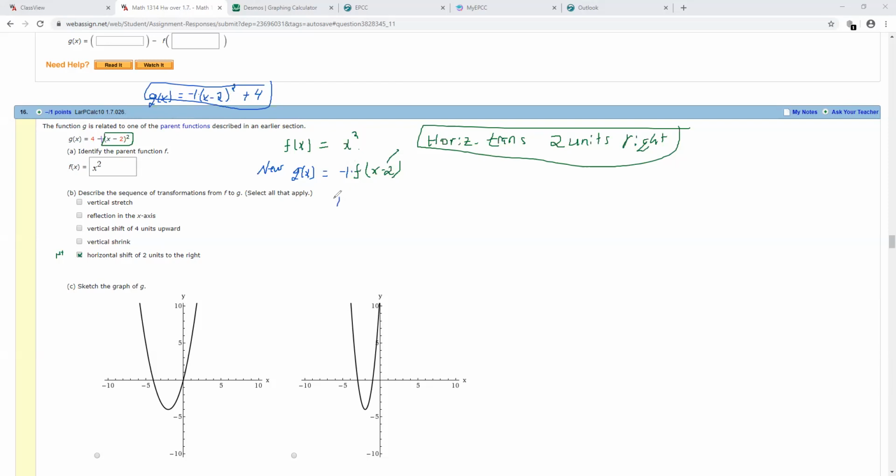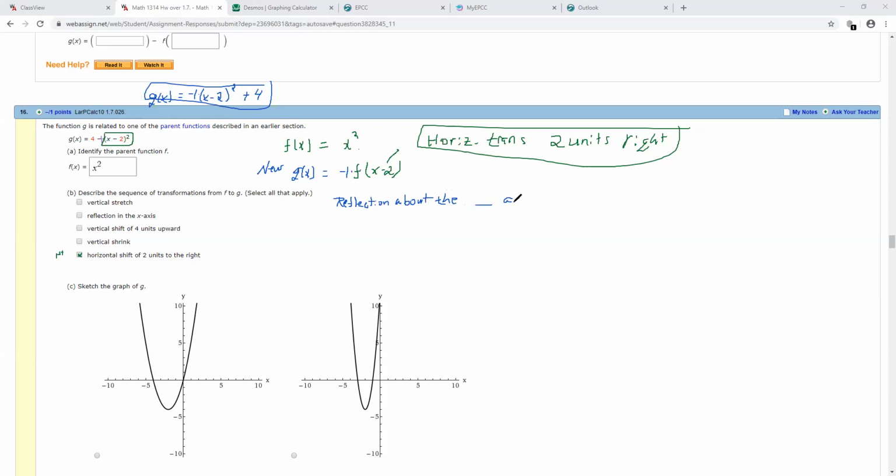And so we know it's a reflection because there's a multiplication of negative 1. And, well, there's only 2 choices: reflection about the y-axis or the x-axis. So now you got to think about it. I mean, we could look at our previous work, but I hope we can remember or think about it and rediscover it.